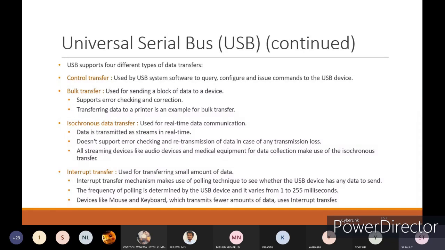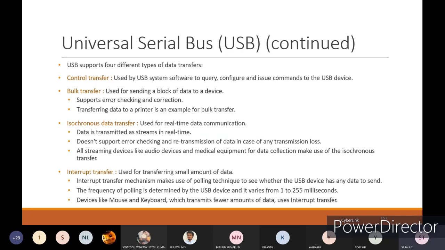Because in real-time applications, only the one-time data has to be transferred, or only the one-time data will be accepted at that time. For that reason, at the time of transmission loss you can't ask for retransmission, or check for errors.